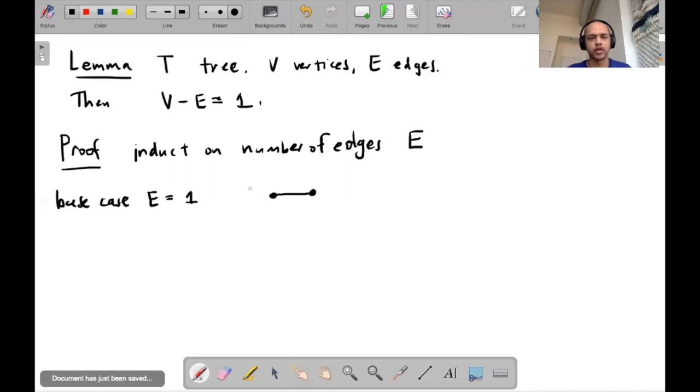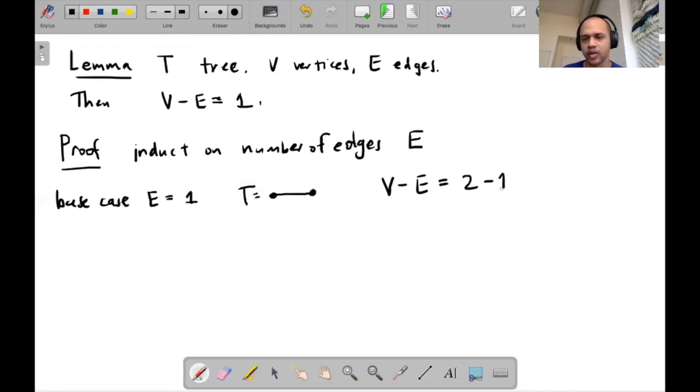So T looks like this. If we were talking about graphs with only one edge, then there'd be other possibilities because you could have other vertices floating around, but trees are connected. So a connected tree with one edge just has 2 vertices and 1 edge. Then the Euler number is 2 minus 1, which is 1. So that's the base case.